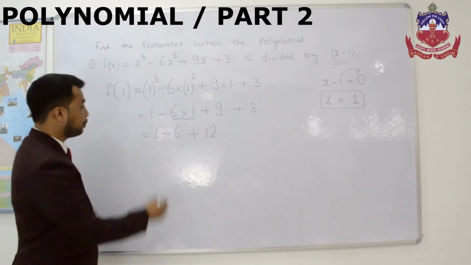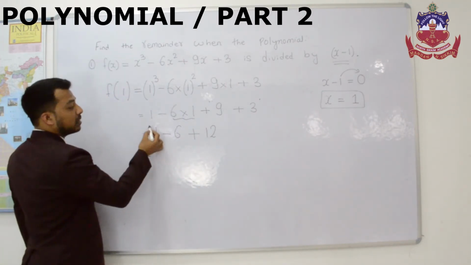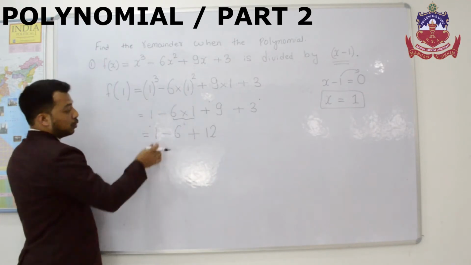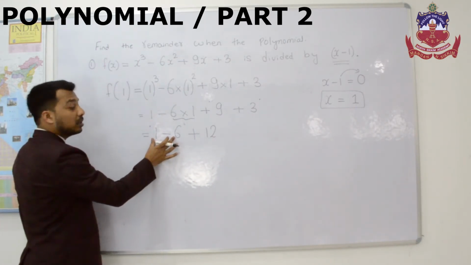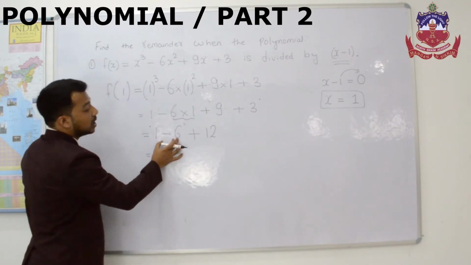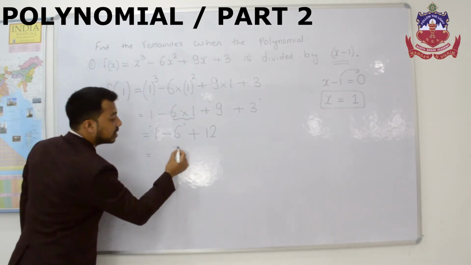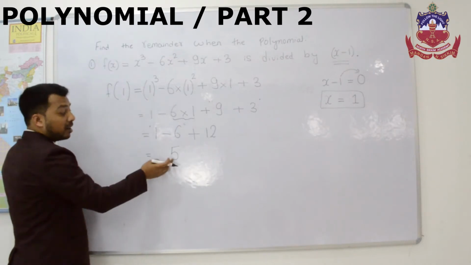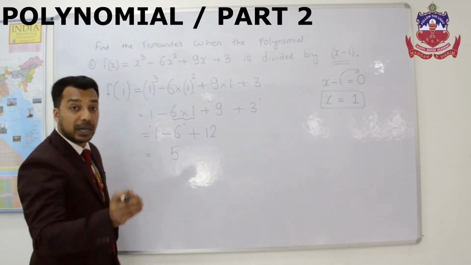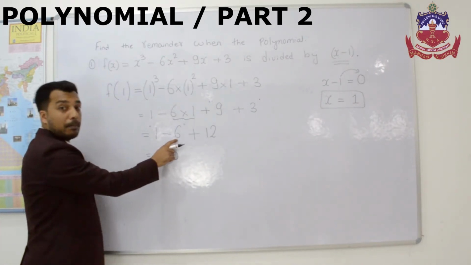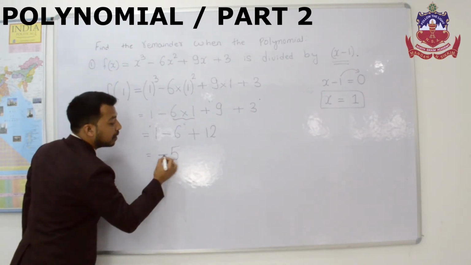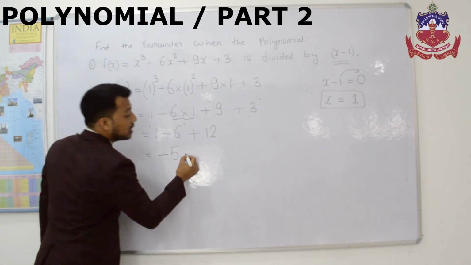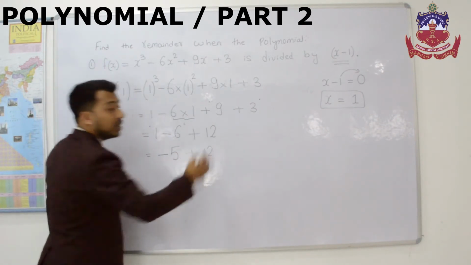Next, we can go for the subtraction. The first has a plus sign, the second one has a minus sign, so plus and minus will give us minus. 6 minus 1 will give us 5, but in front of that 5 we have to write the sign of the bigger number. Since 6 is the bigger number, which has a minus sign, in front of 5 we write minus. And then the plus 12 will be the same.